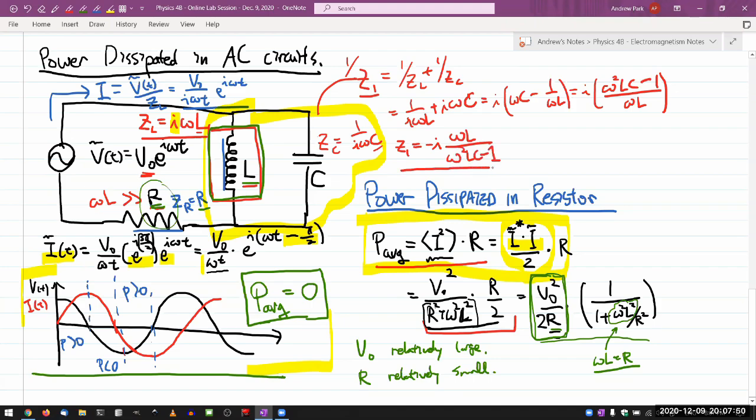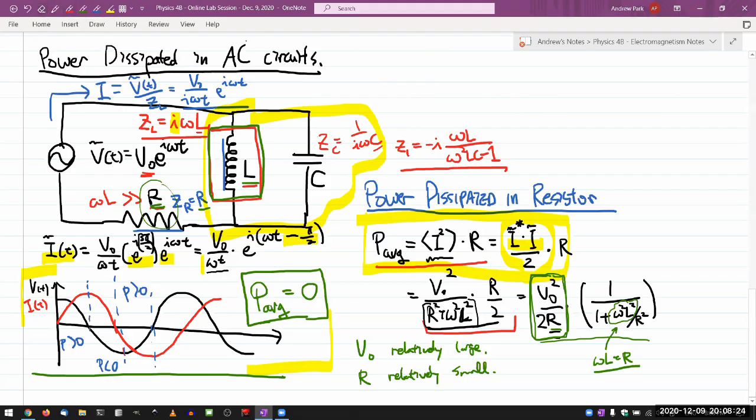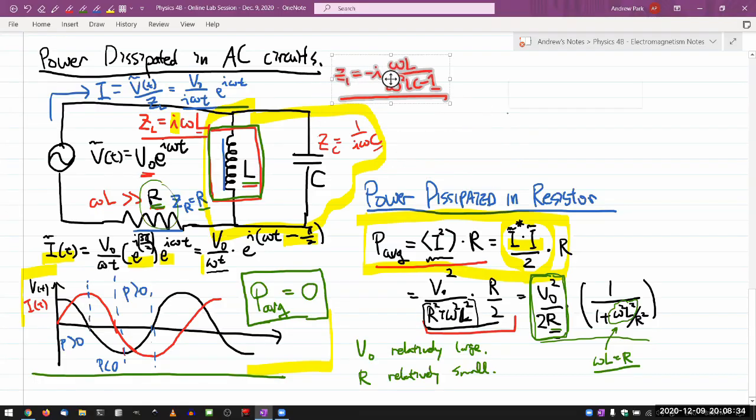And this quantity has certain properties. Let me highlight some of those properties. It's frequency dependent. If you imagine a regime where the frequency of your circuit is very low, so that the impedance of the inductor is low and the impedance of the capacitor is high, then this combination should look more or less like the impedance of the inductor.